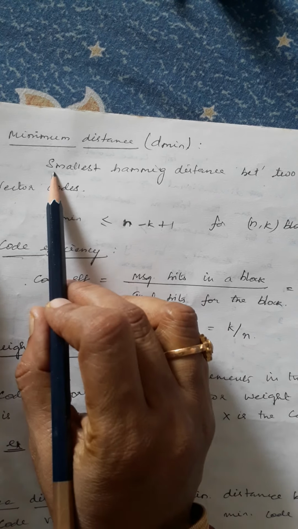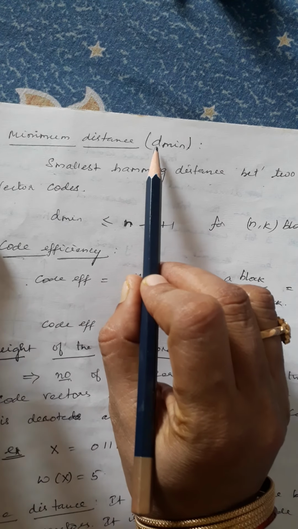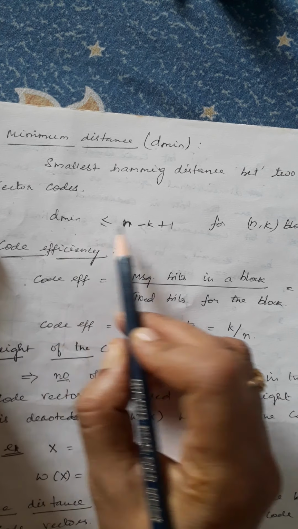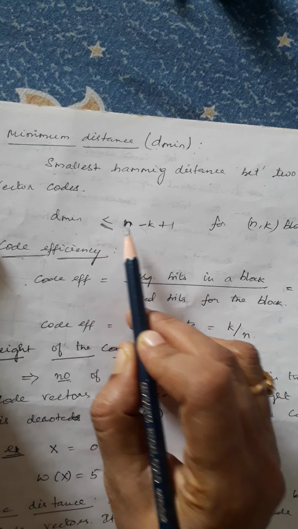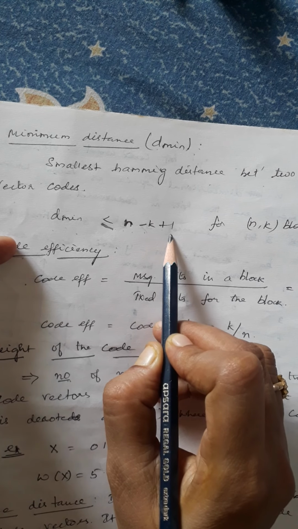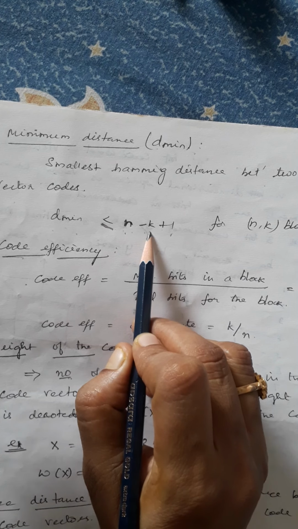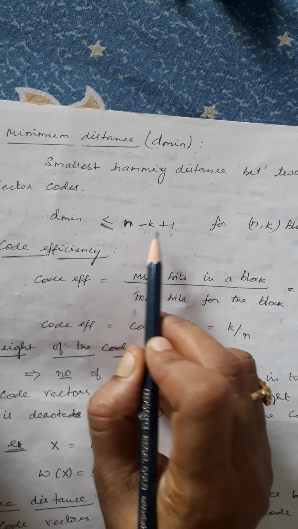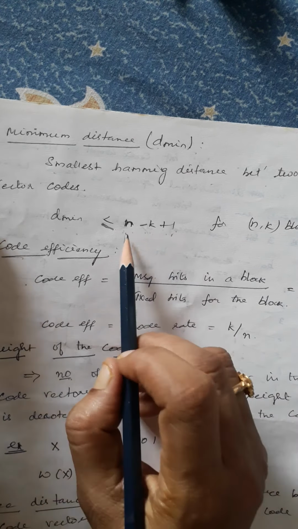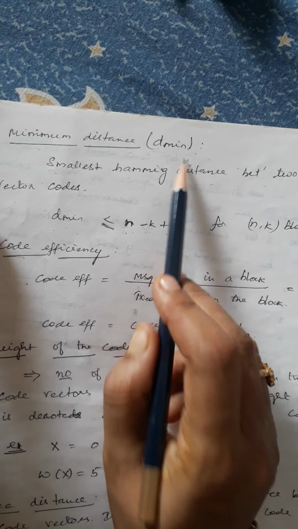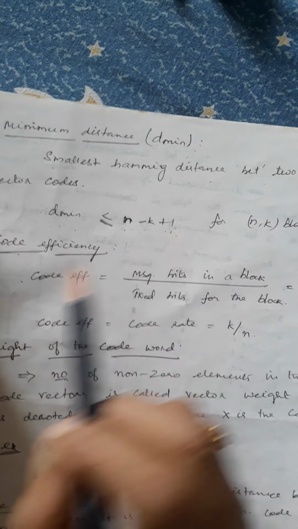That is called the smallest Hamming distance, D minimum, or minimum distance. This minimum distance should be less than or equal to n minus k plus 1, where n is the number of bits in the code vector and k is the number of message bits.